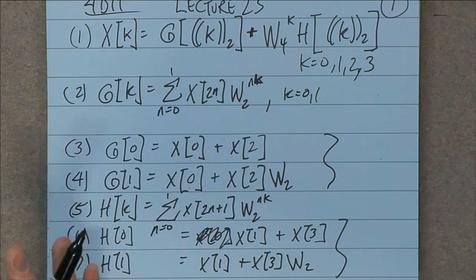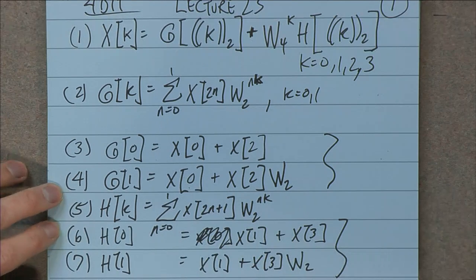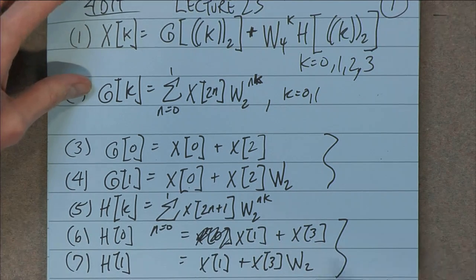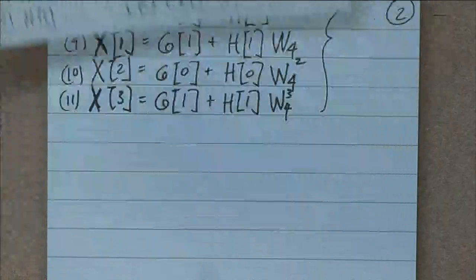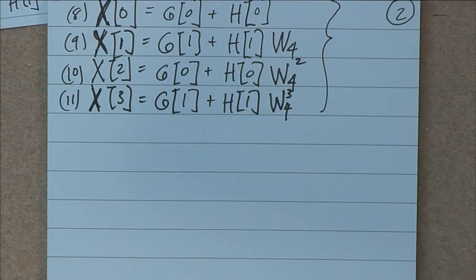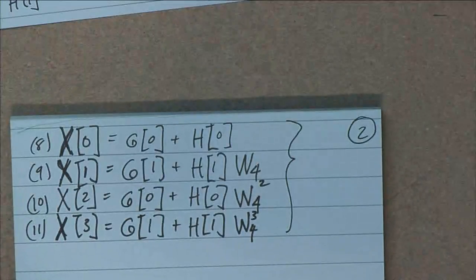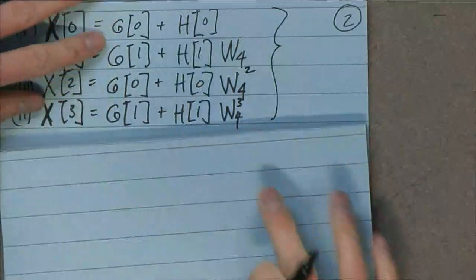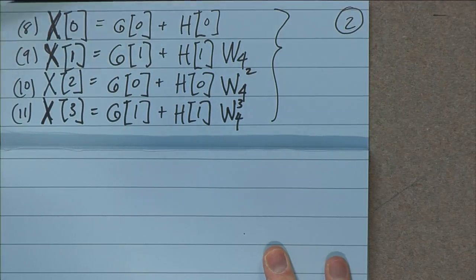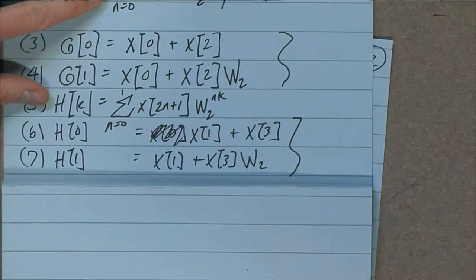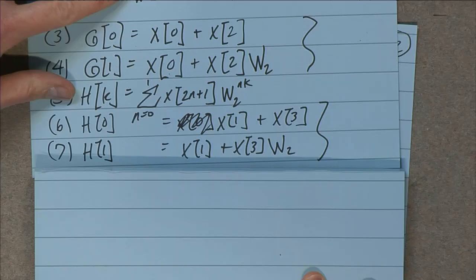Those are going to go into our system, become G0 and G1, or H0 and H1 as well, and then they're going to get processed to become the outputs of the DFT. So let's try to put all this on one nice block diagram and start from here. See if we can all start from the same place.